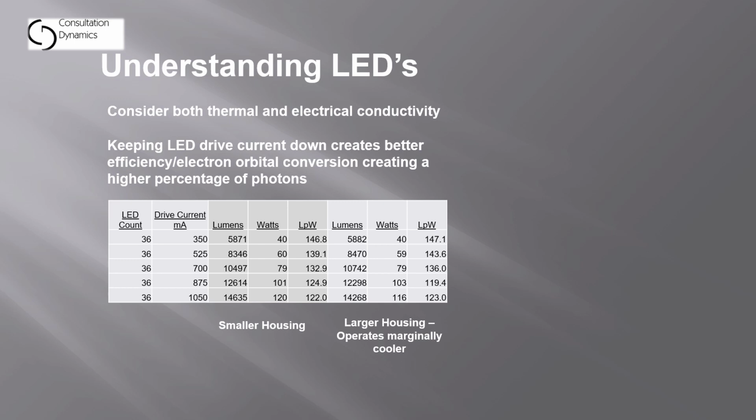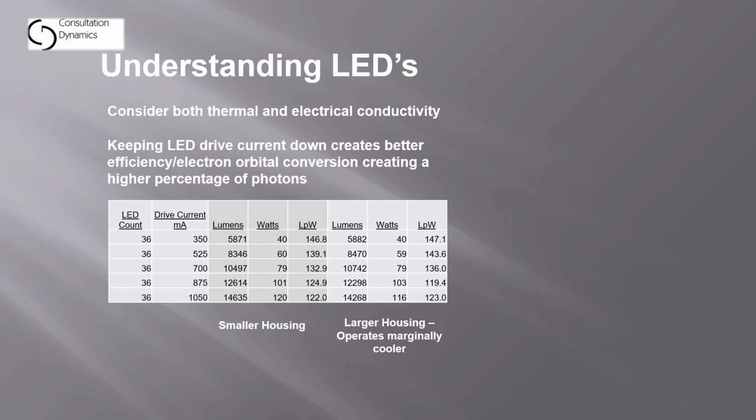We go from 146.8 lumens per watt to 132.9. And across the entire chart, we'll notice that the efficacy drops the higher the drive current.